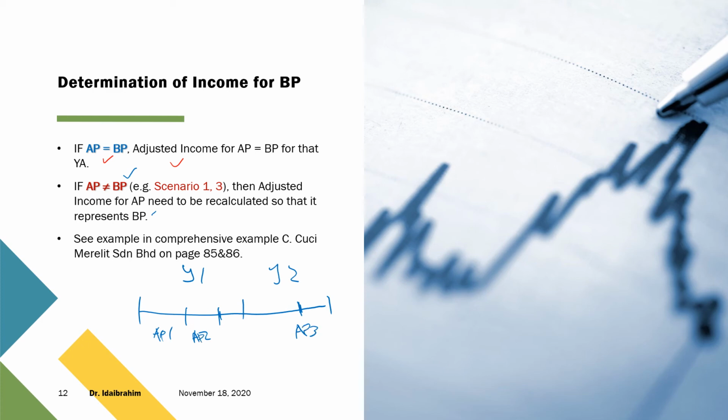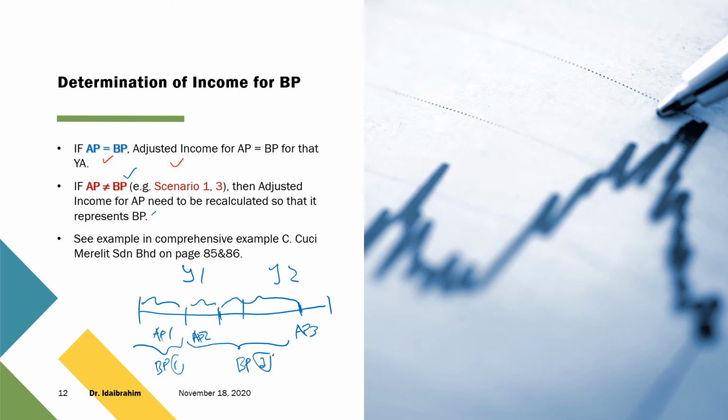So what you have is the adjusted income for this period, and then for this period, and then for this period, right? So in a basis period, this one is considered as BP for YA1, and this period is BP for YA2.